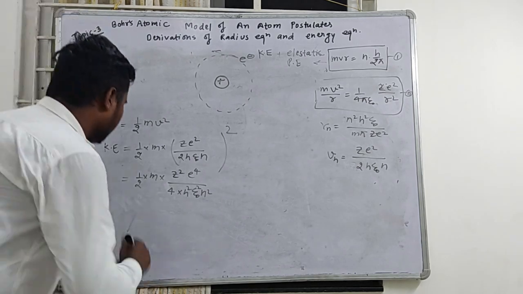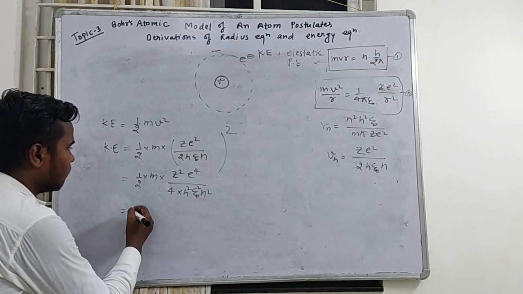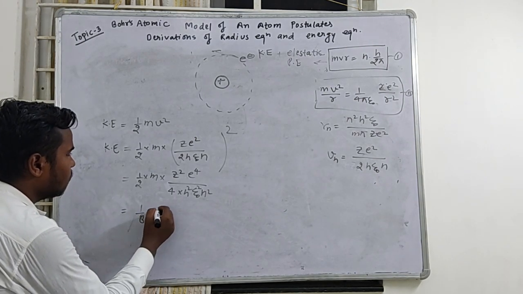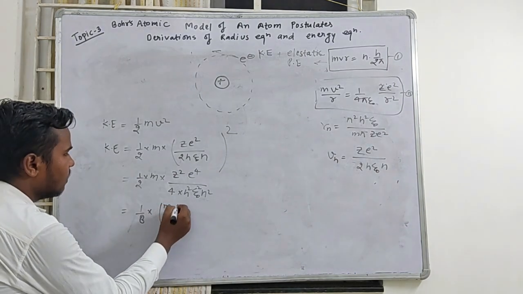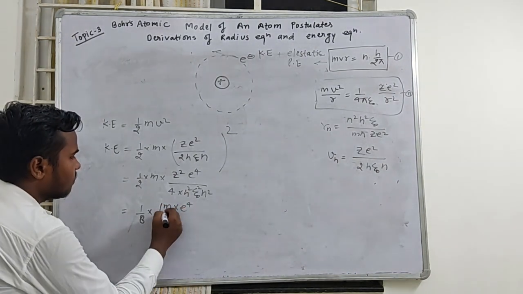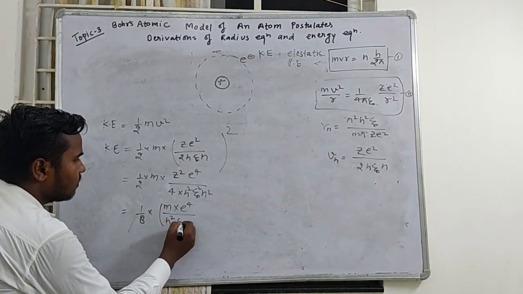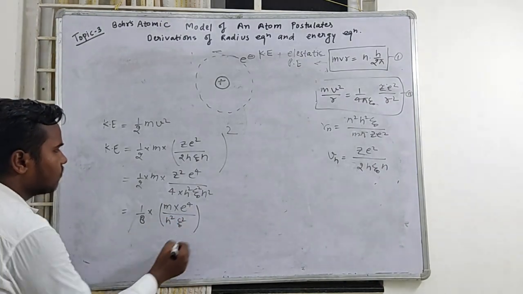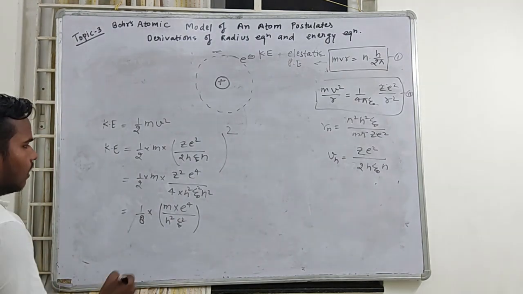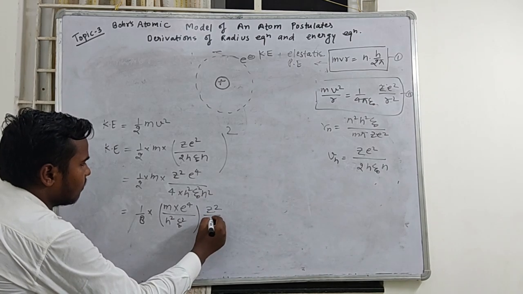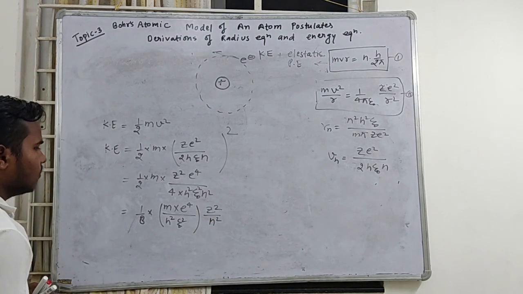We will write it in a good manner. Then 1 upon 8 into m, e to the power 4 are constants, divided by h, epsilon naught are constants, and z square is variable and n square is also variable.